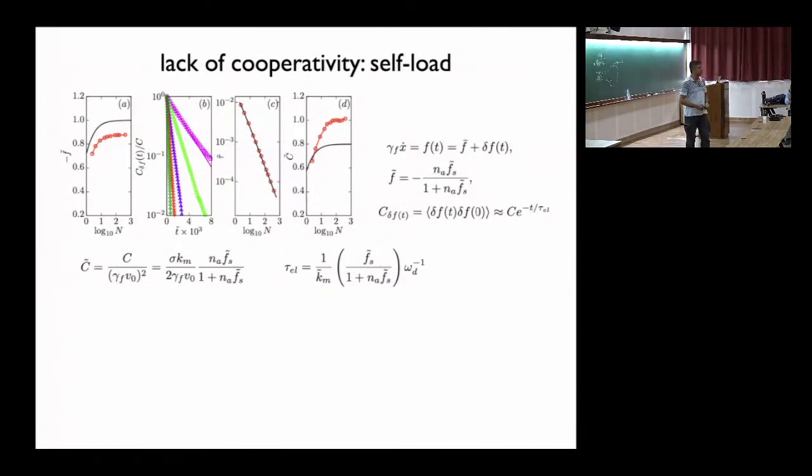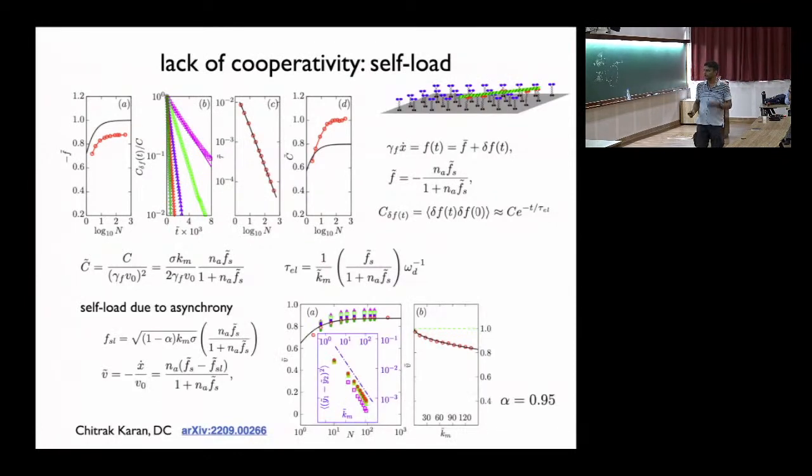So one can ask the question of why it happens. I'm giving just the answer to the second part: what leads to this reduction of the total force generated on top of the filament. This is reduced by a self load. The self load is generated by this mechanism: if molecular motors all work in tandem, they will generate a force in which they will not be competing against each other.